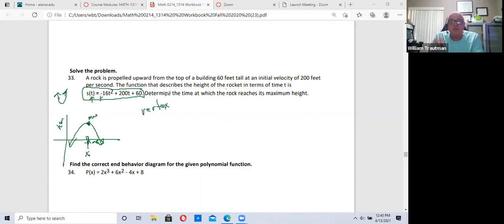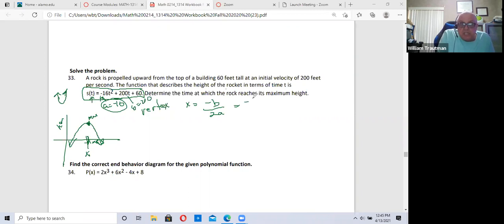I'm telling you, there's going to be 4 or 5 questions on this test where you have to find the vertex. You have to know this formula. To find X, you do negative B divided by 2 times A. A is negative 16, right there. B is 200.